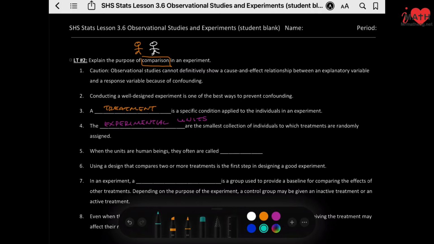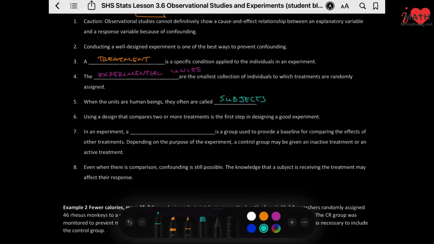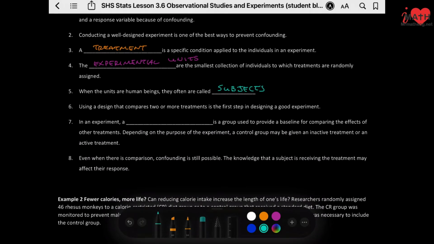When the units are human beings, they are often called subjects. Using a design that compares two or more treatments is the first step in designing a good experiment.